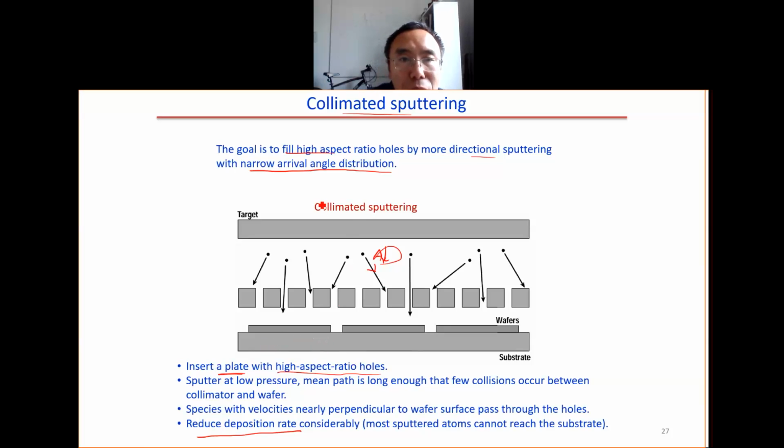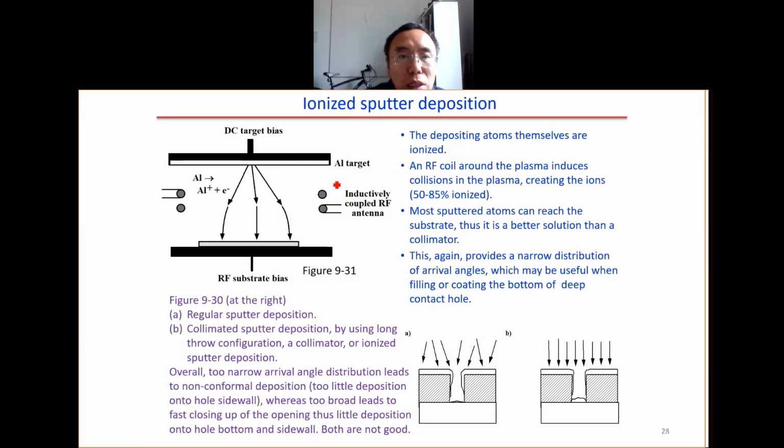Another way to have a narrow arrival angle distribution is called ionized sputtering deposition. In this case, the deposition atoms like aluminum are ionized. So we have an RF coil here. When we have the coil, it will generate plasma, and this plasma will ionize aluminum atoms to form aluminum ions.